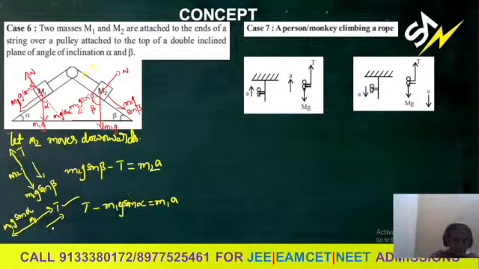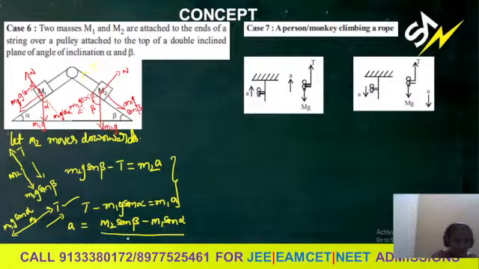And if you simplify these two equations, the acceleration of the object will be equal to (m2 sin beta minus m1 sin alpha) by (m1 plus m2) into g. You just write the separate T value, substitute in any of the equations, and evaluate the acceleration.